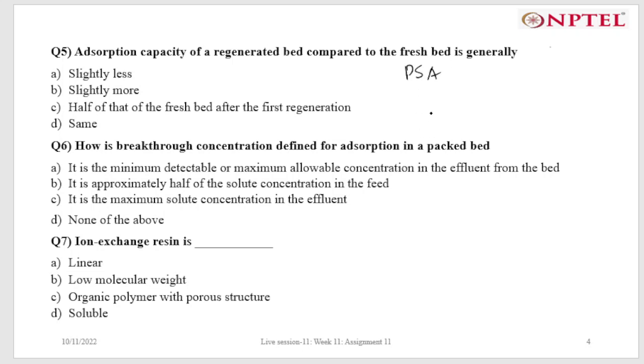Then temperature swing adsorption, TSA, and third is displacement of adsorbate or purging of the adsorbent. These are the methods for the regeneration of the adsorbent.